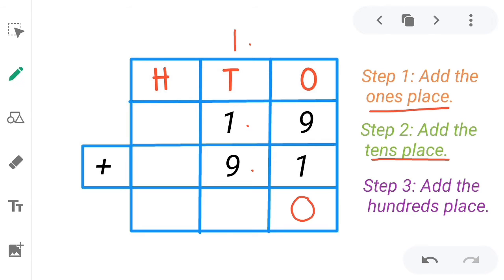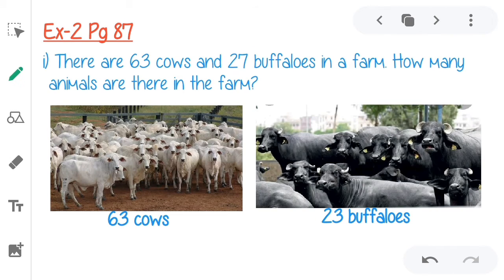So that 1 we will write in tens place, and 1 again will go as carryover in the hundreds place. So here we do not have any digit, so we will automatically write this 1 here. So the answer that we will get is 110.